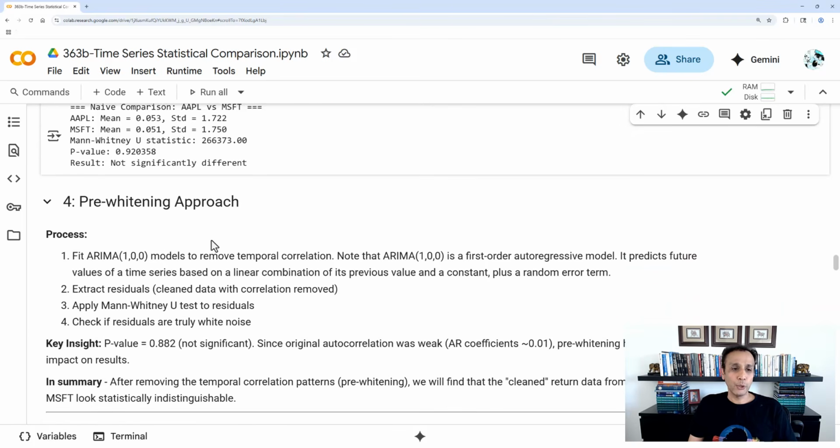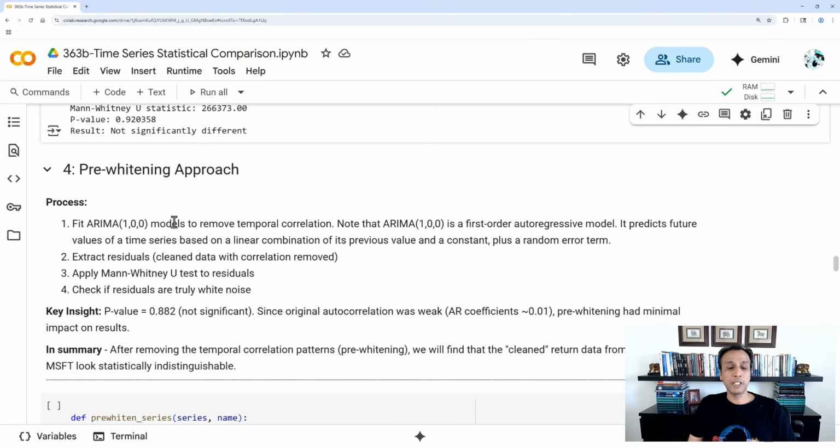Now let's actually do our pre-whitening approach, which means we are fitting ARIMA. In this case, we are using the (1,0,0) model, which is basically a first order autoregression model. In other words, we are going to fit this to an equation based on a linear combination of the previous value and a constant.